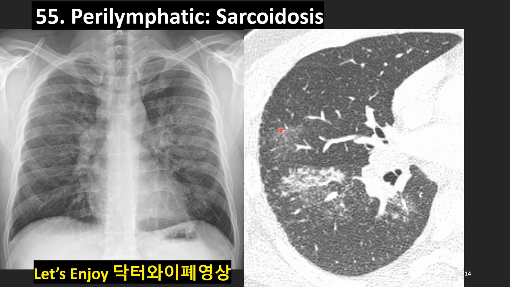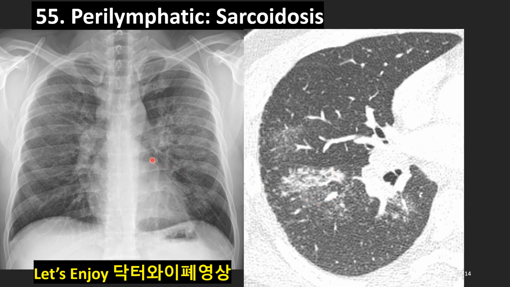And diffuse ground glass opacity, and along the bronchovascular bundle there are also micronodules. So this is perilymphatic distribution of sarcoidosis. We also see the enlargement of lymph node here. And we sometimes say this sign as galaxy sign, characteristic of sarcoidosis.